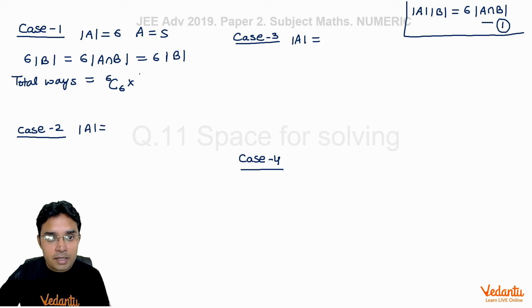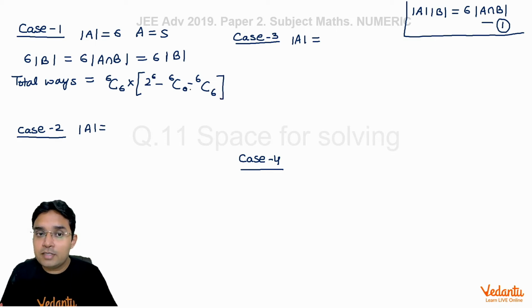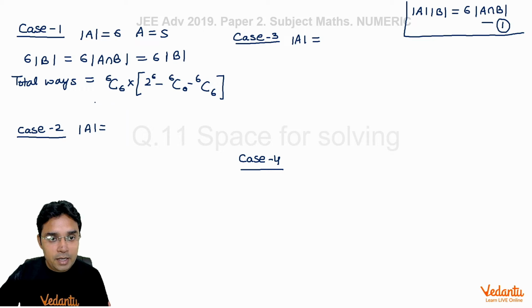So it can be written as 2 raised to the power 6 directly. But we have to subtract 6C0 and 6C6 because we cannot have 0 elements in B or 6 elements in B. So this first case gives us the answer to be 62.